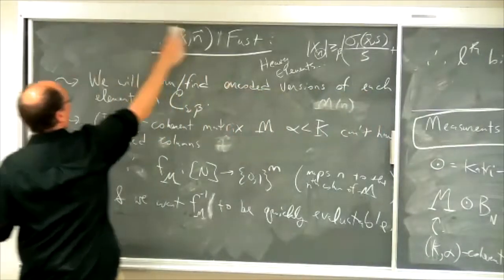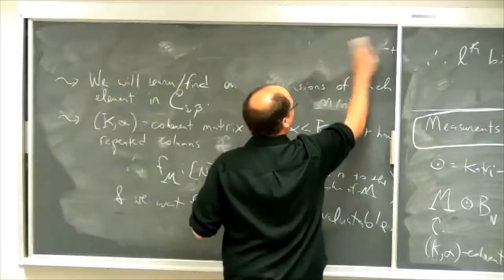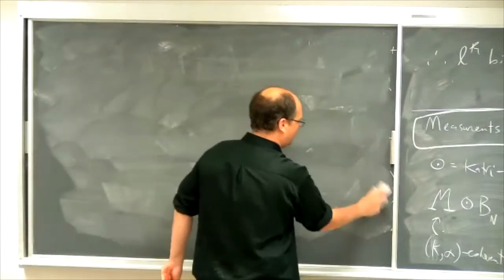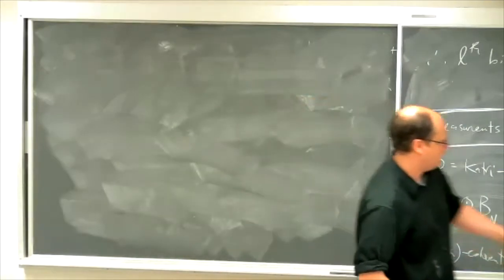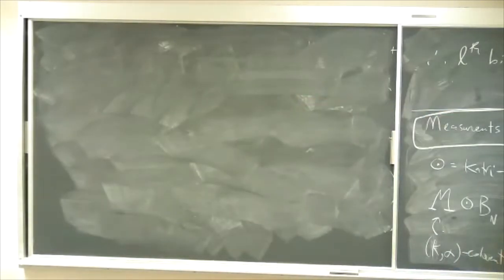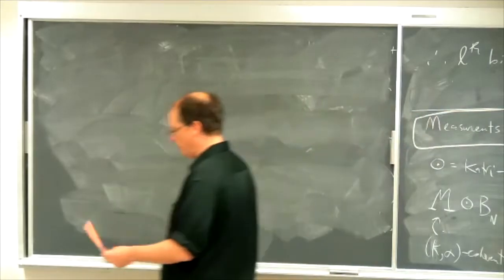Because these are all 0, 1 matrices, when I do this component-wise multiplication, I'm just further screening the entries of X that I sum when I hit it with these rows. I'm screening the entries of X by the elements of my K alpha coherent matrix and knocking out maybe all but one important one, which gives it the structure we need in order for our recovery from this matrix to work. So that's effectively what's happening.